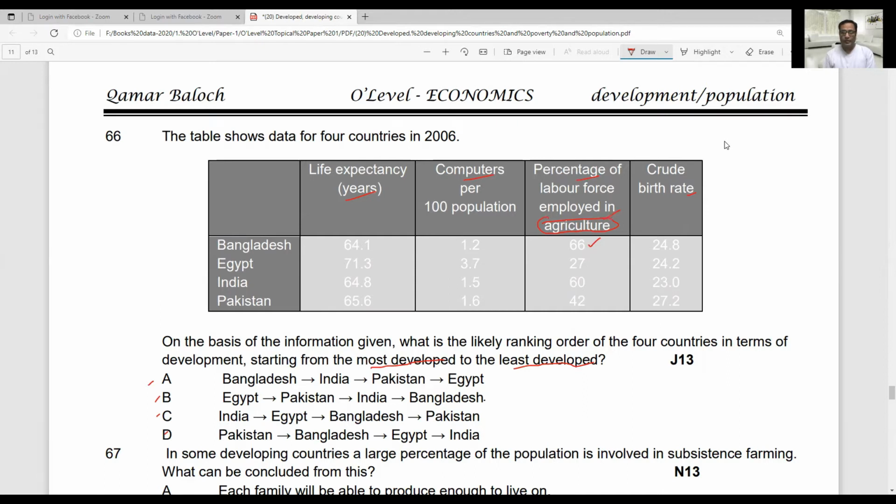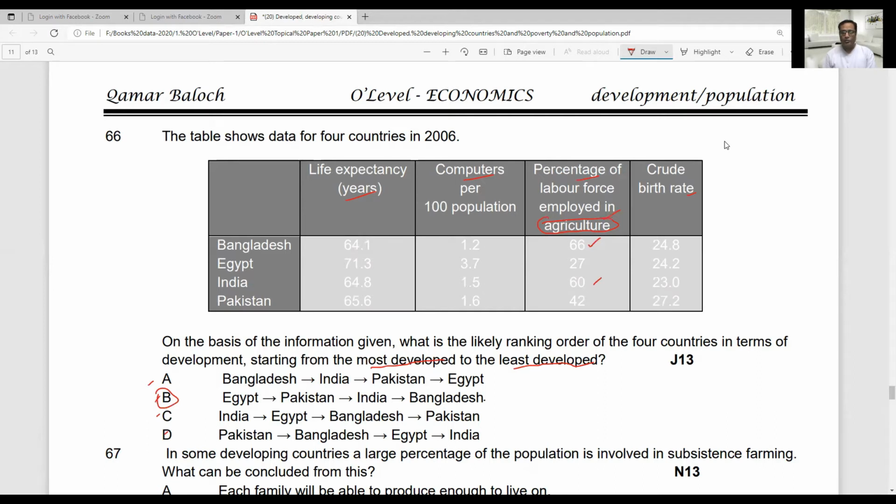So in options, we need Bangladesh at the end. So in option B, you can see that Bangladesh is shown as the least developed country. And out of these 4 countries, after Bangladesh, you can see India is more depending upon the agriculture sector. So it will be the second least developed country.